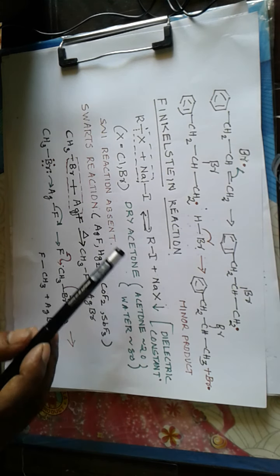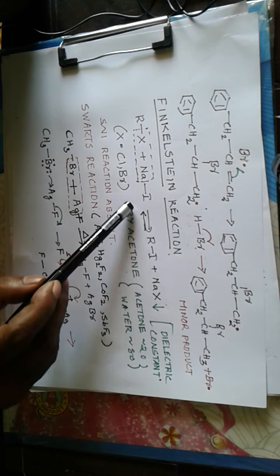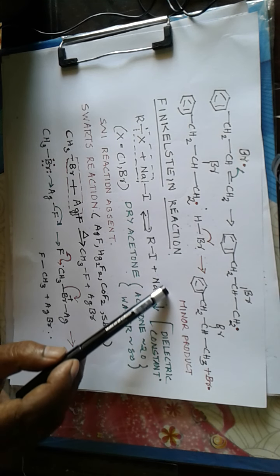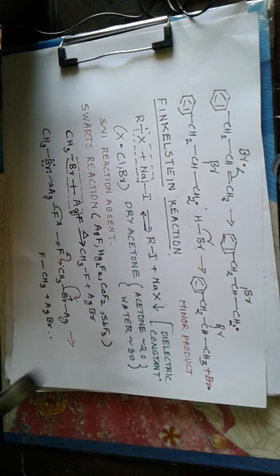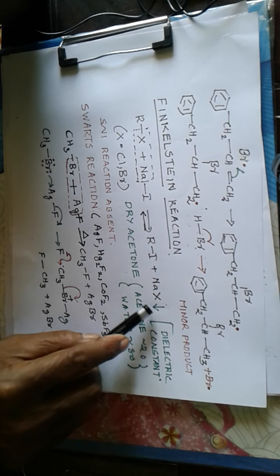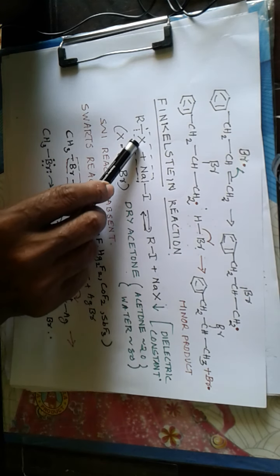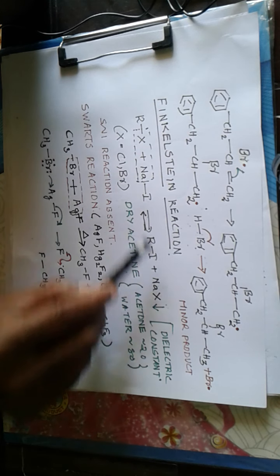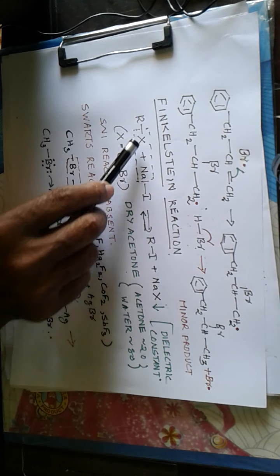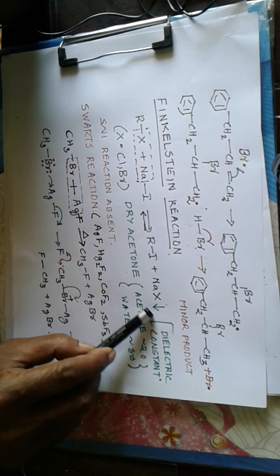Now since it is a non-polar medium, this ionic compound cannot exist as free ions because it is less polar. It cannot hold the ions separately, so the ions will combine and will form a precipitate. If X is Cl, we get NaCl as a precipitate. If X is Br, we get NaBr as a precipitate.